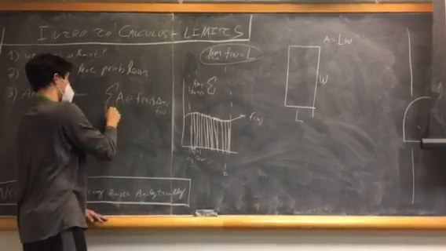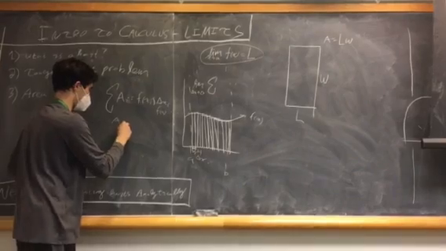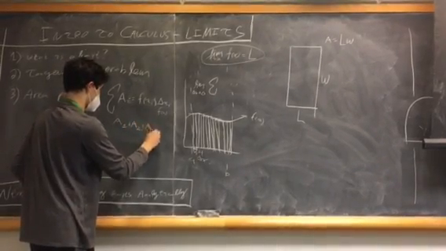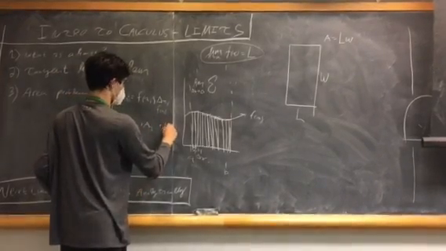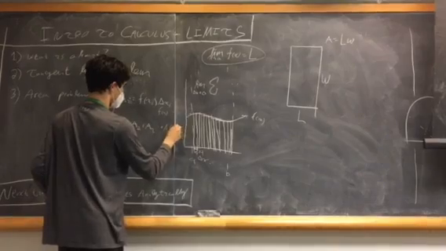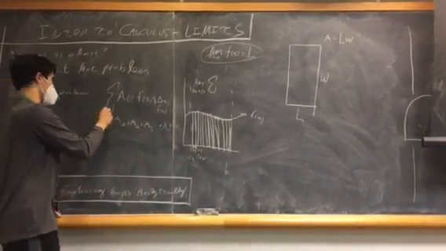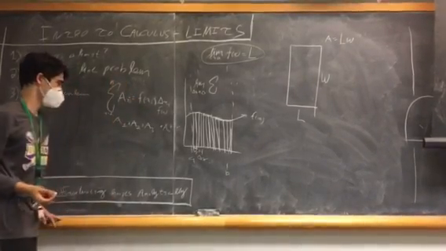So we can take the sum. We can add area 1 plus area 2 plus area 3, and so on and so forth, area n, to get the area, say, from i equals 1 to n.